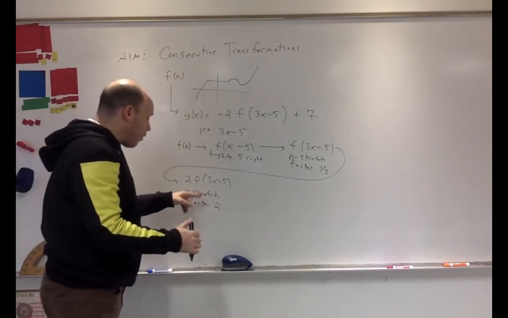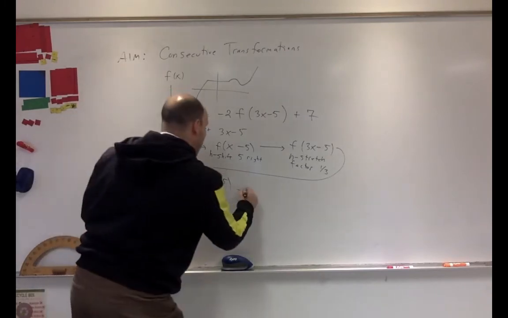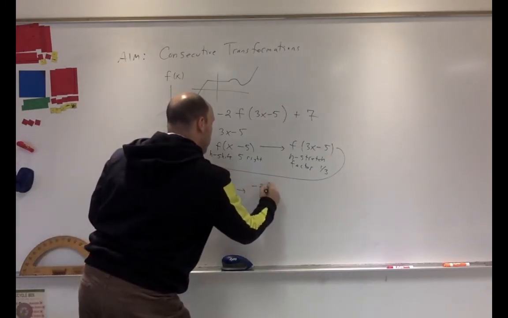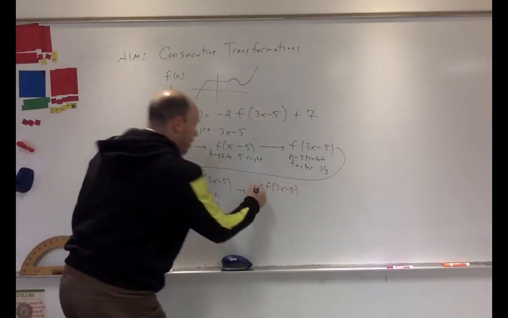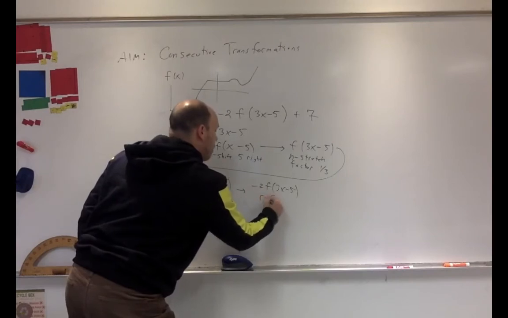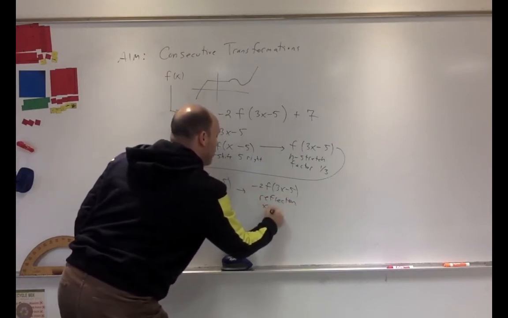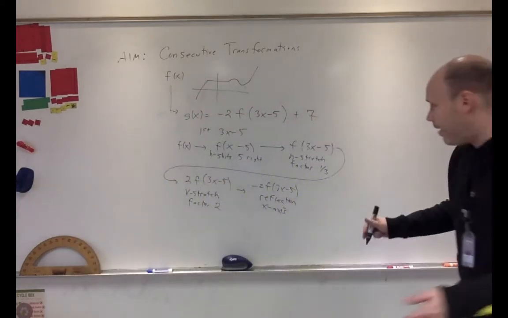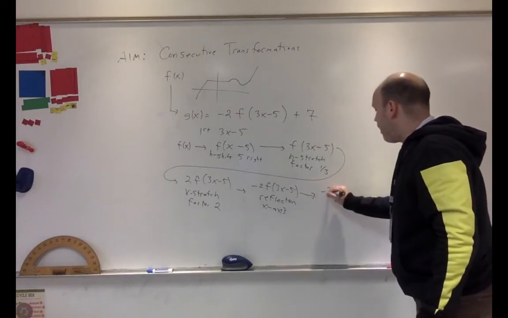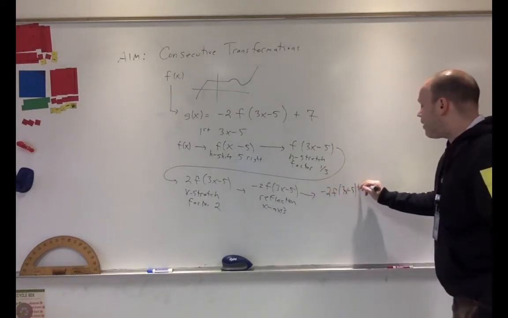Now, remember, with the vertical stretch, it keeps the number. What's the next thing? Well, we have that negative 2 f of 3x minus 5. That negative, that's the reflection through the x-axis. And then last but not least, we have negative 2f of 3x minus 5 plus the 7.